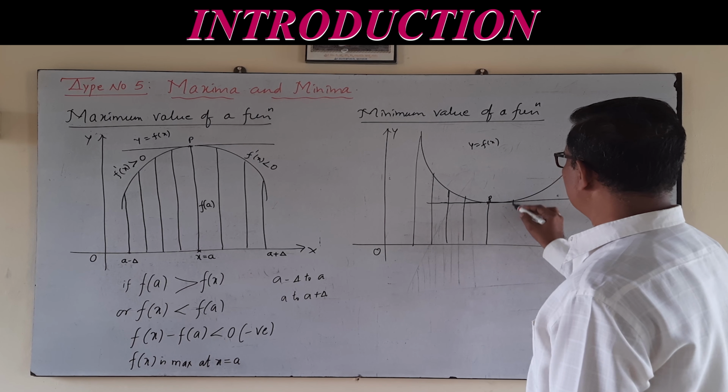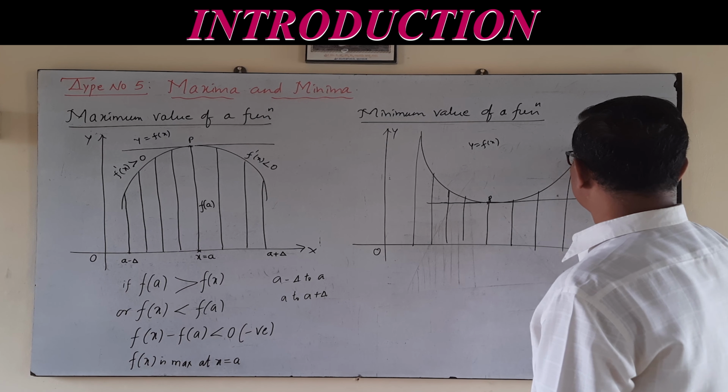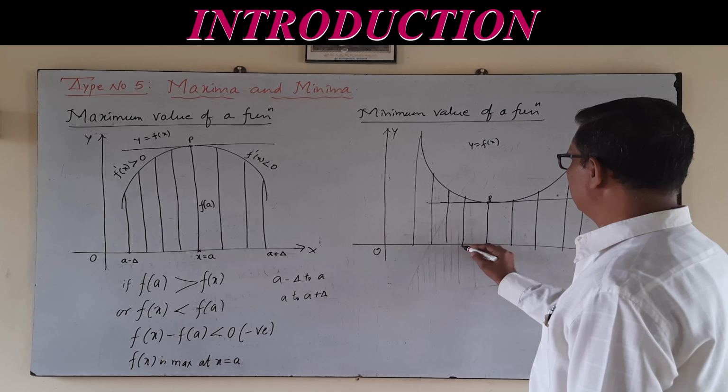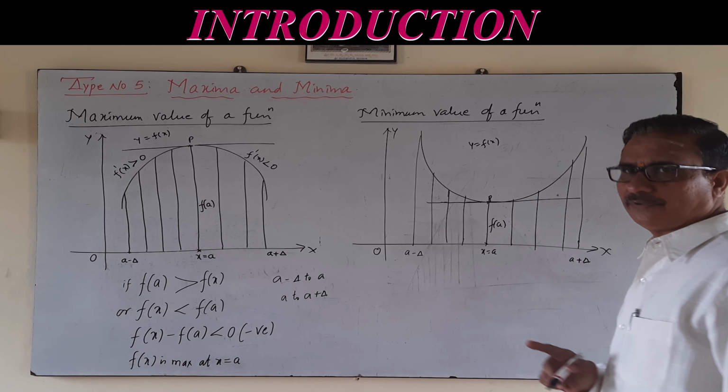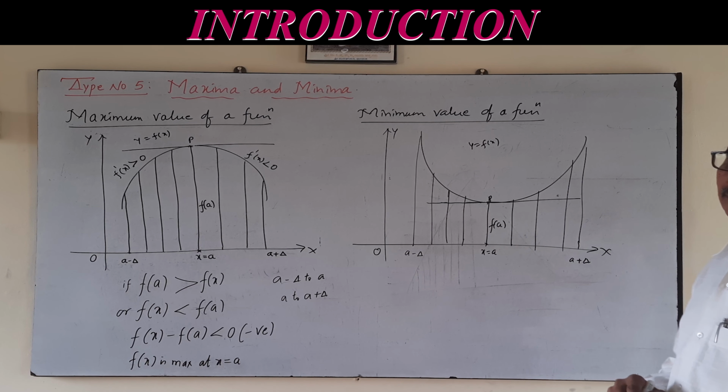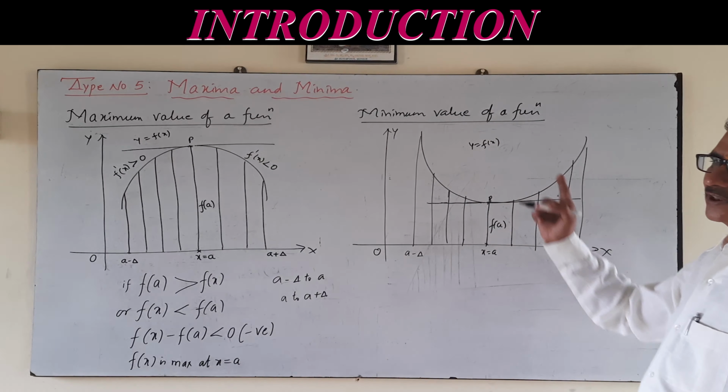All the ordinates are perpendicular to which axis? X axis. This is a minus delta. Here, in general, a plus delta. Taking the middle point, say x equal to a. Y is equal to f of x, and at x equal to a, that is f of a. Define minimum value of a function. Look, you will know as soon as you see the diagram.